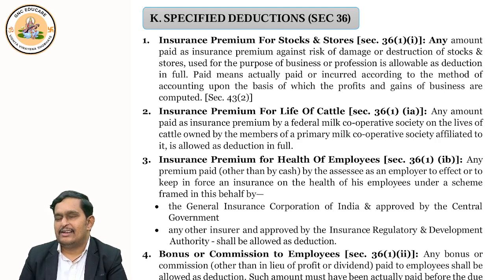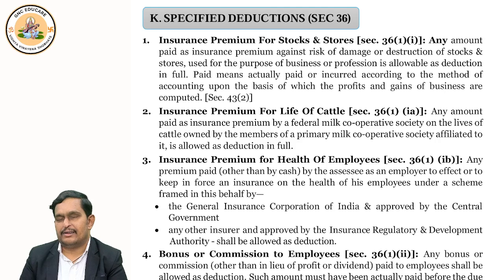This way, the supply of milk continues and the farmer's income is also protected. So basically, when insurance premium is paid by any federal milk cooperative society or any other cooperative society on the insurance of cattle, that is allowed as deduction. Second point clear to all of you.